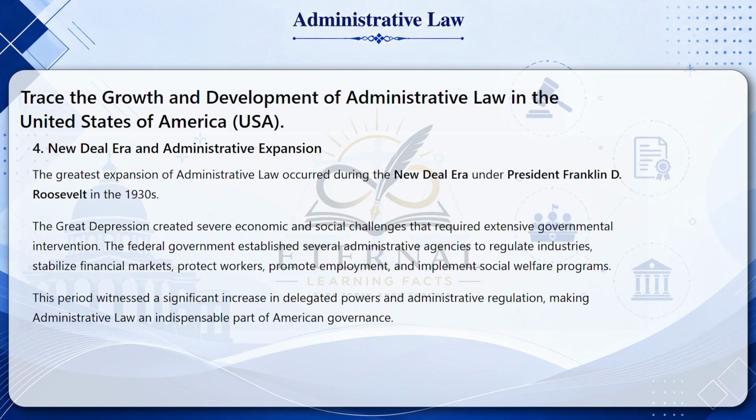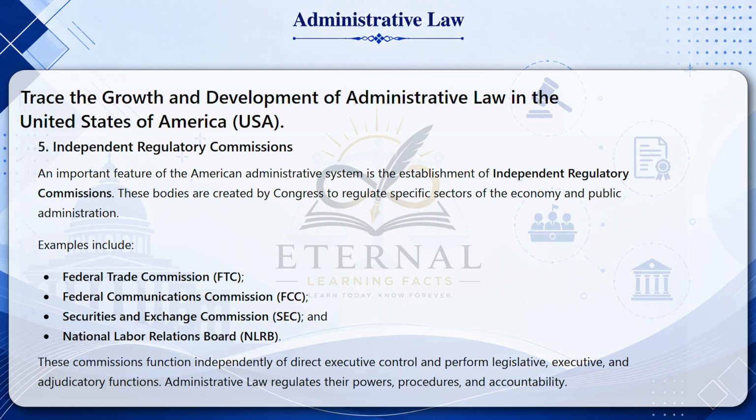Independent regulatory commissions. An important feature of the American administrative system is the establishment of independent regulatory commissions. These bodies are created by Congress to regulate specific sectors of the economy and public administration.